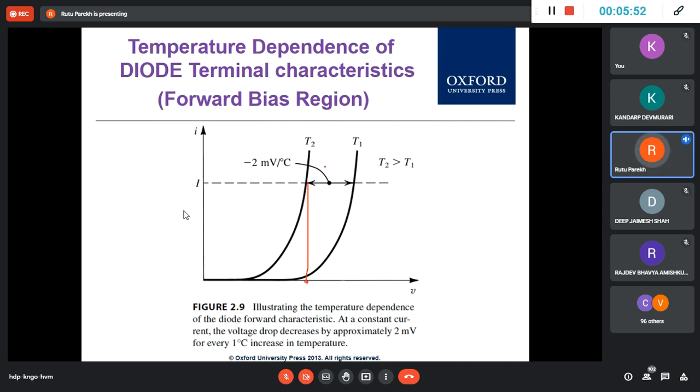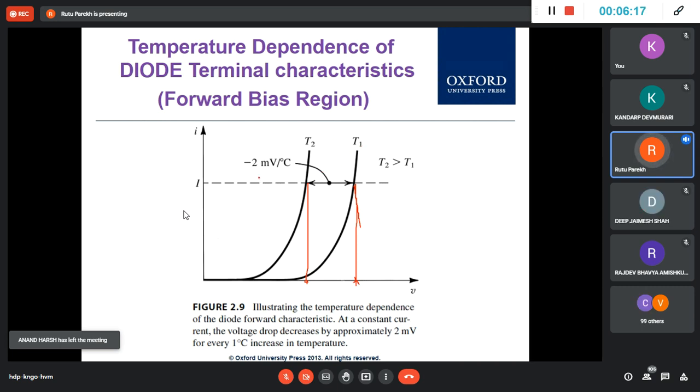This is 45 degree, right? So this voltage is higher than this voltage, right? So for the same current at higher temperature, you will need lower voltage to get the same current compared to the one that you get at a lower temperature. So that is that one.